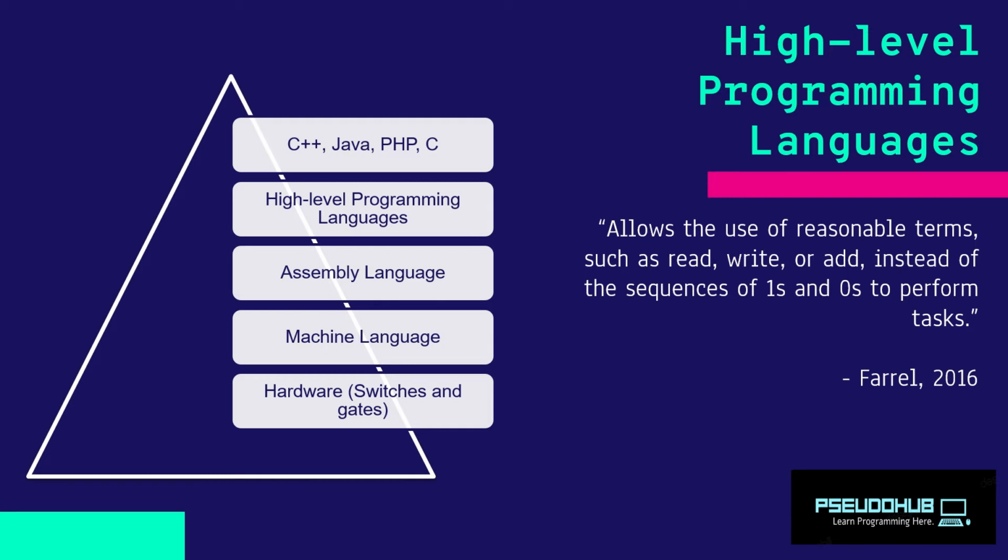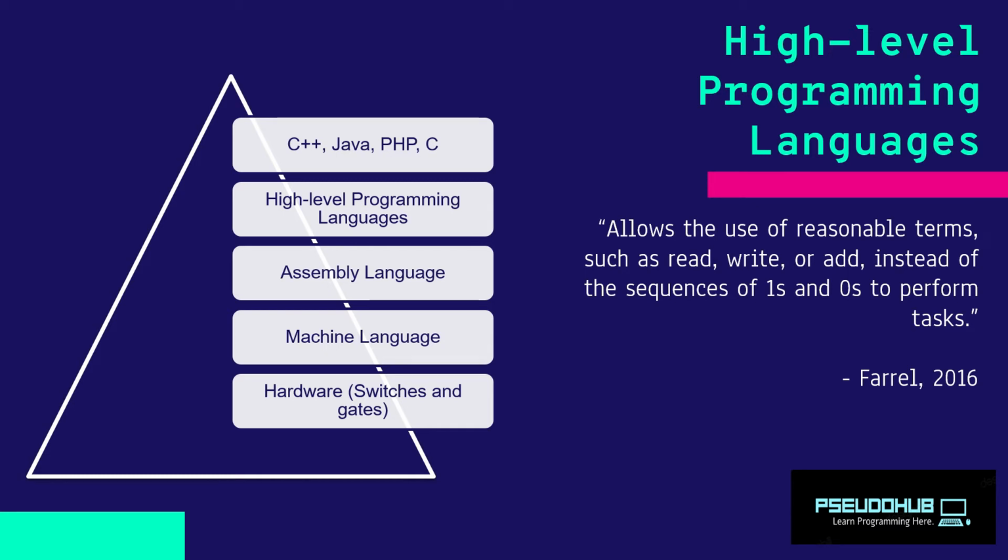For example, let's say math.pow sa Java. So it's a function used to get the result of the base and the exponent, di ba? You don't know how it is being done inside that method. The only thing you know is that it provides the right answer to your problem, di ba? So that's an example of a high level abstraction, and that's very common with high level programming languages.